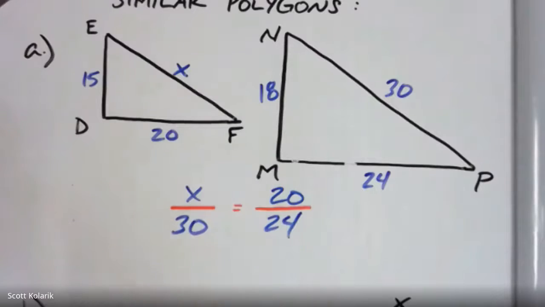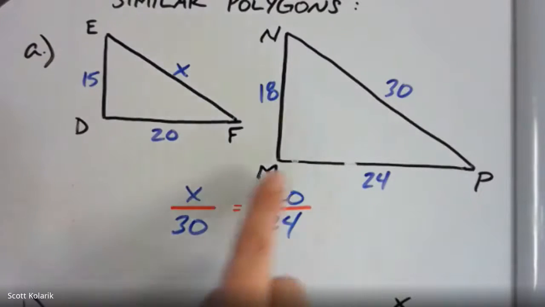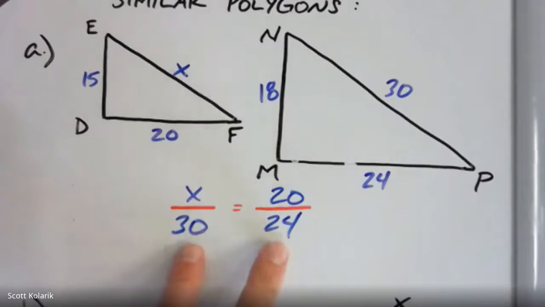Okay. All right, now that I've set myself up with this equation, I can actually go about the business of solving for my variable. And we're going to use a technique that hopefully you are familiar with. This goes back a ways into some early algebra classes, definitely in middle school. Anytime I have a fraction equal to a fraction, just like we're going to deal with quite a bit in this unit, I can use a technique called cross multiplication.